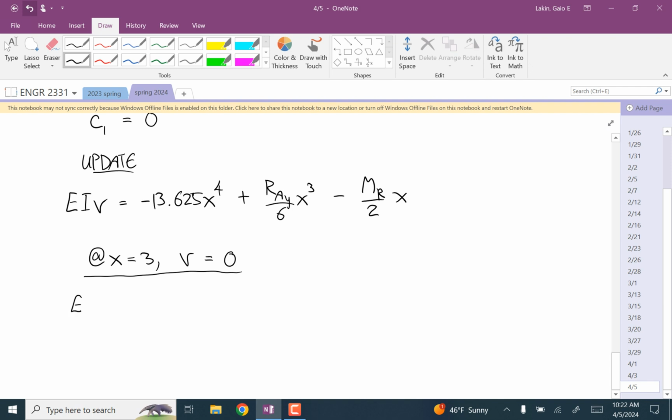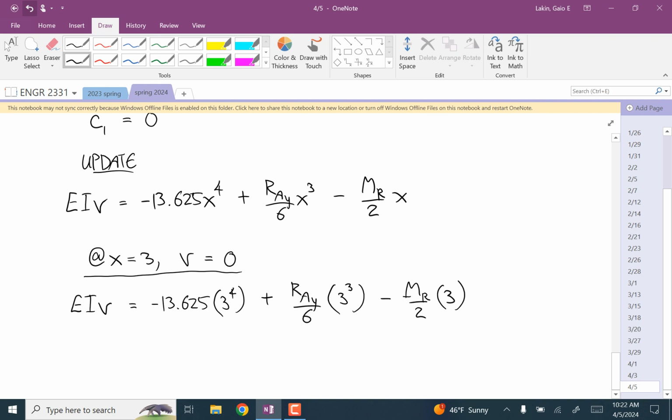So now EI times the deflection is equal to negative 13.625 times 3 to the fourth power plus RAY over 6 times 3 to the third power minus MR over 2 times 3 squared.